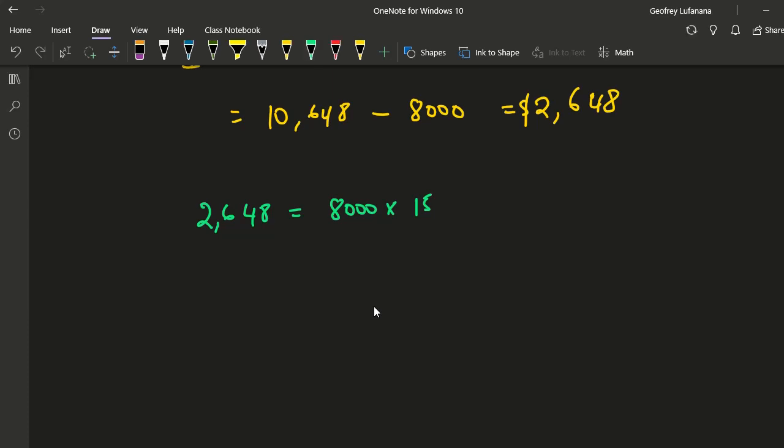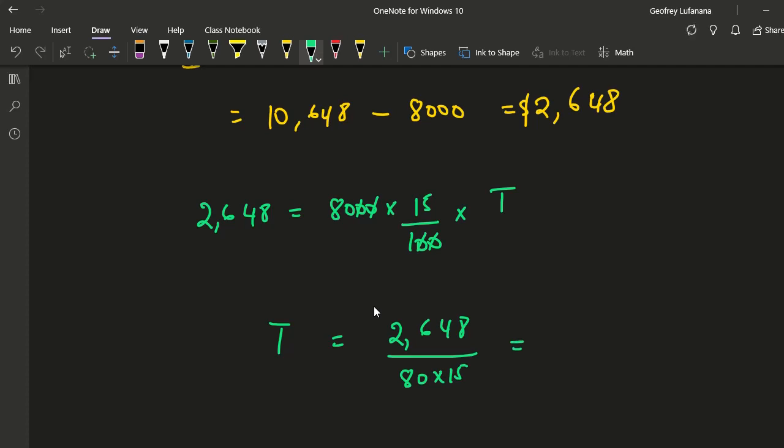It's 15 over 100 times the time which we are required to calculate. So I could cancel out these zeros, meaning that my time is going to be 2,648 divided by 80 times 15. And this gives me a number, if I round off to 2 decimal places, that is 2.21.